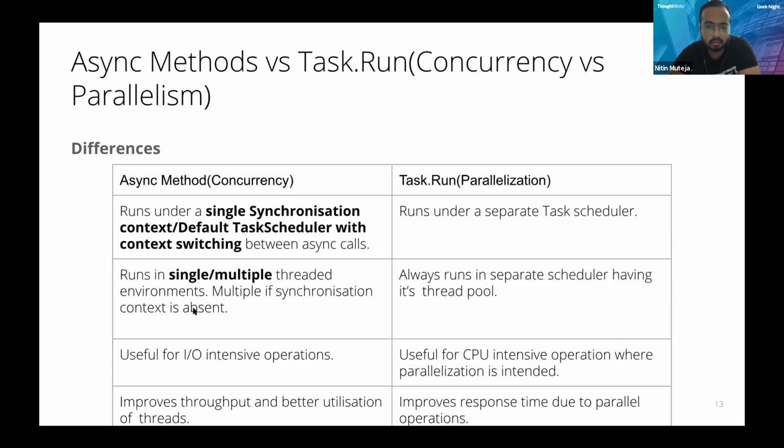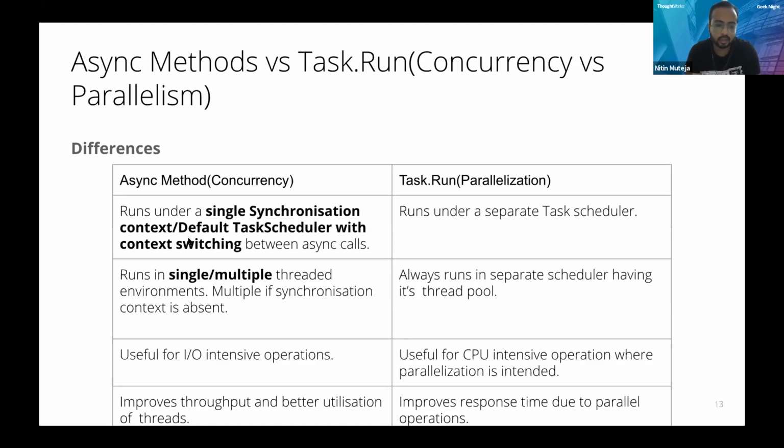But in an ASP.NET Core application, that synchronization context is removed, so all the asynchronous operations run under a task scheduler. We'll quickly talk about synchronization context also. So there would be a context switching between asynchronous calls, whereas if you create a new task, it runs under a separate task scheduler.